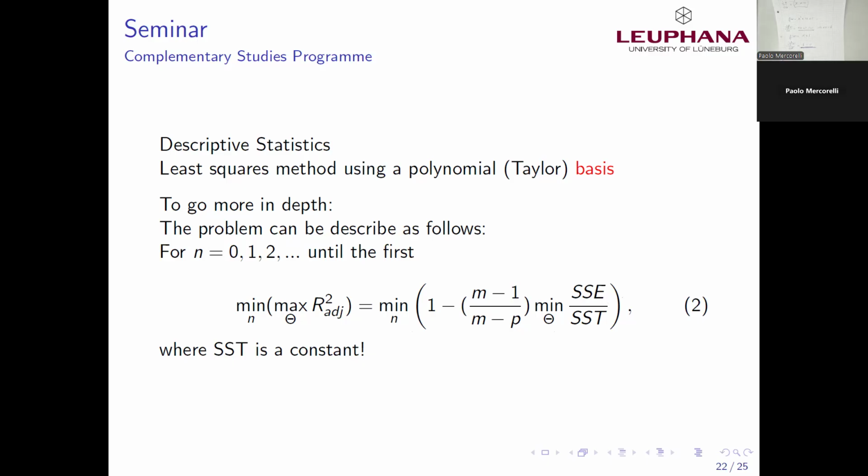Now, I conclude with this. If n is a variable, we end up in a non-convex problem, and this could be a nice project to be attacked with particle swarm optimization methods. Probably you know the particle swarm optimization method. It's not here yet, but I will tell you. Why is the problem not convex?